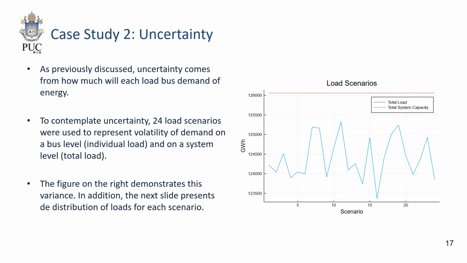So here we have a variation of load for every one of the buses, and when we sum them up for every single scenario, we see how volatile it is. We have really different magnitudes for every one of the scenarios, and for each scenario we have a specific distribution of loads. We are looking at 24 scenarios in total.